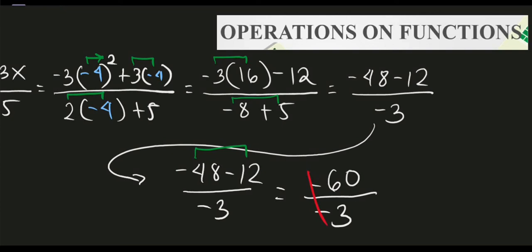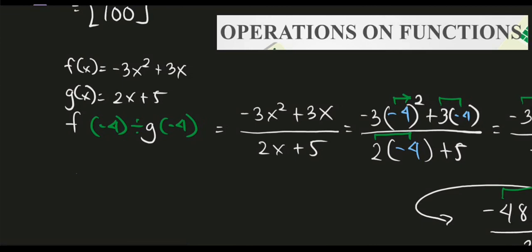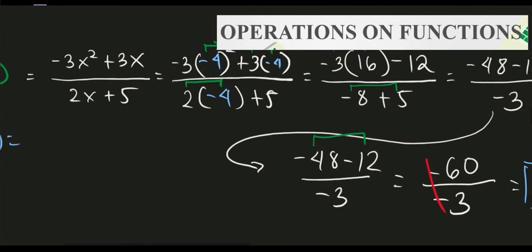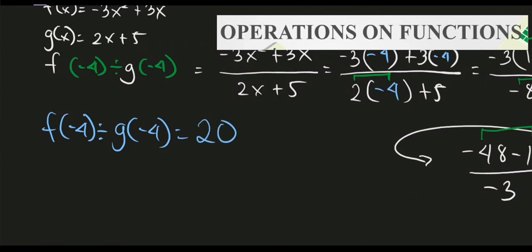Therefore, it will give us 60 divided by 3. So the answer for this given problem is simply 20. So that is our answer. Therefore, f of negative 4 divided by g of negative 4 is equal to 20. That is our final answer for this given problem.